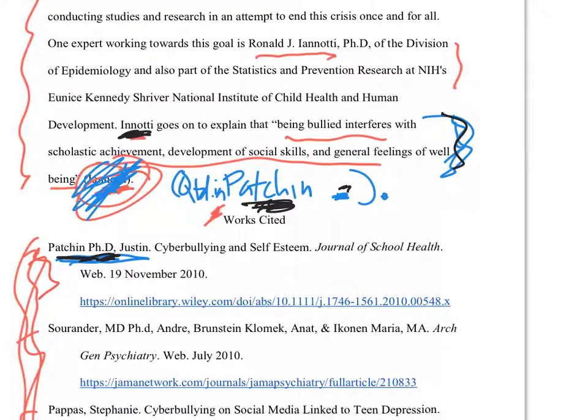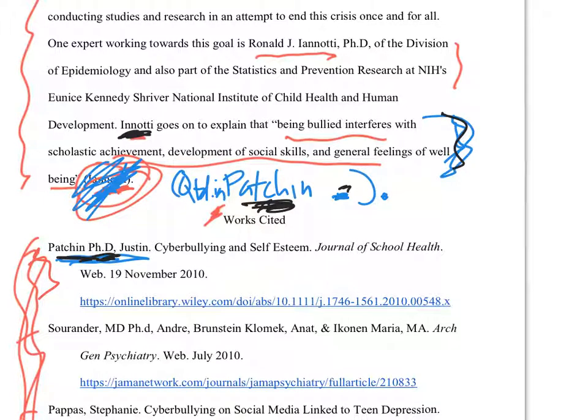And for our purposes, I'm okay with us doing that, the QTD in Patchen or whatever it is. When you get into serious research, I should note that while this is sometimes acceptable, it's almost always better to try to find the original source if possible. That would be so that you're not trusting the source you're reading to interpret the other source.